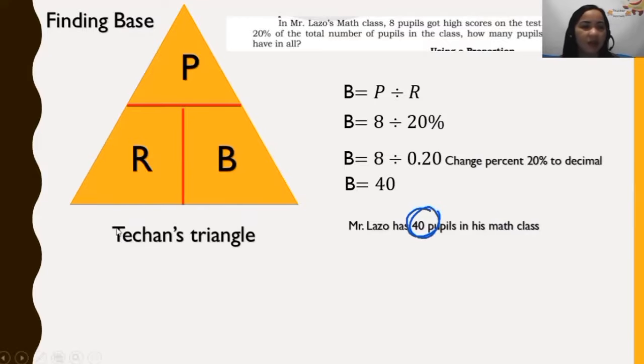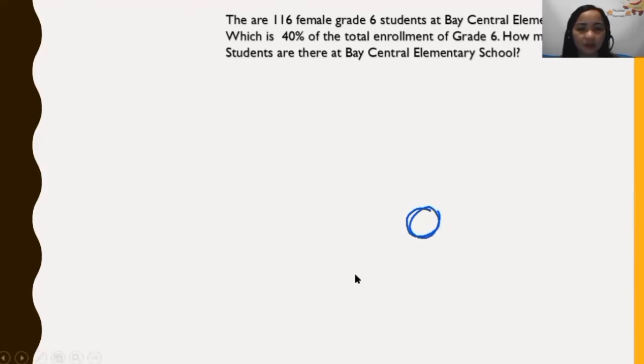Now, let's have another example. There are 116 female grade 6 students at Bay Central Elementary School, which is 40% of the total enrollment of grade 6. How many grade 6 students are there at Bay Central Elementary School? So here we are going to find the base.